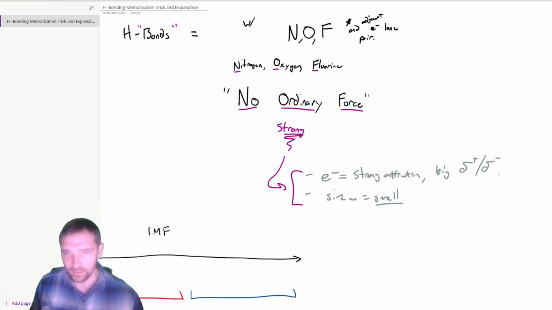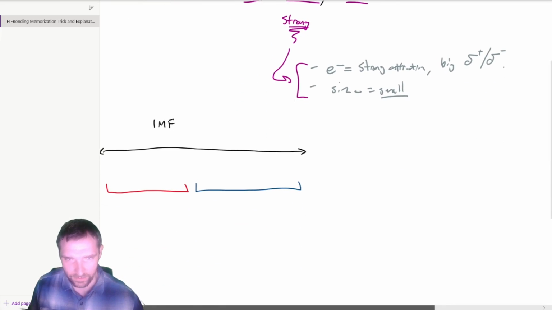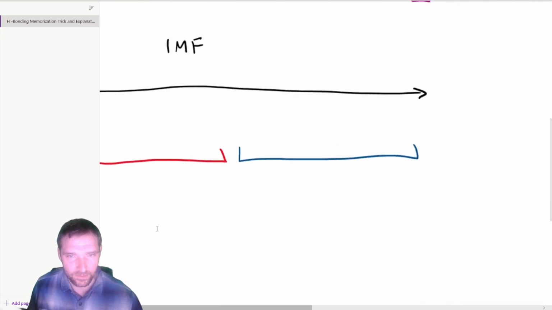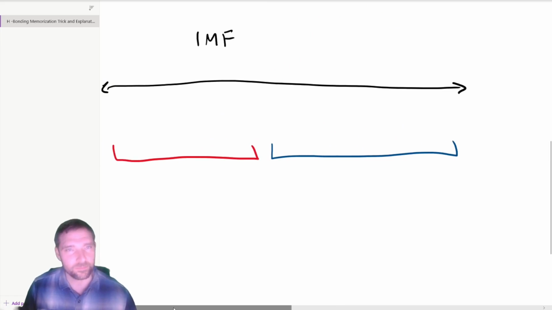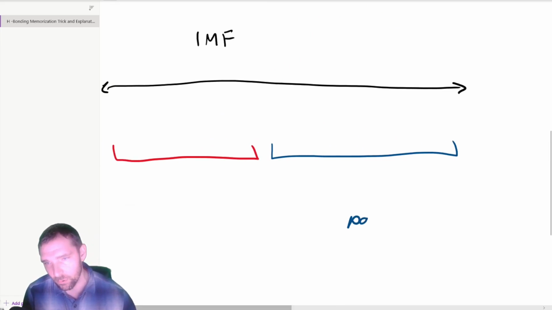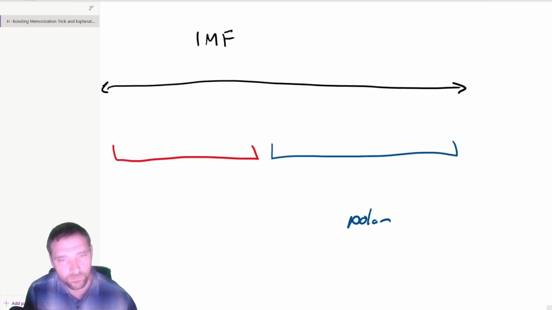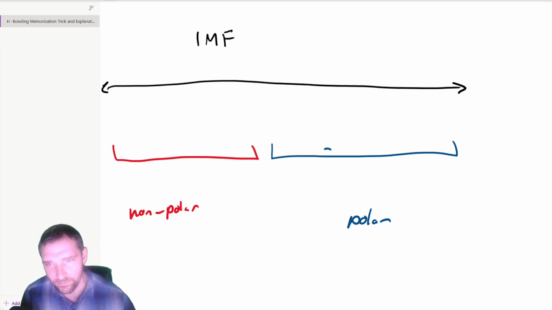So if we're talking about intermolecular forces, there's a couple different things that should come to mind. Broadly speaking, I think of polar things versus non-polar. The polar things are broadly speaking going to be having dipole interactions.